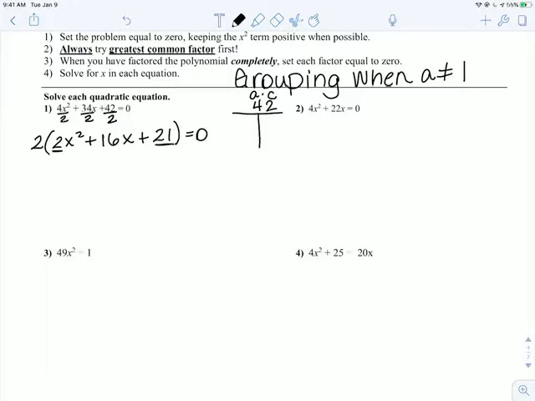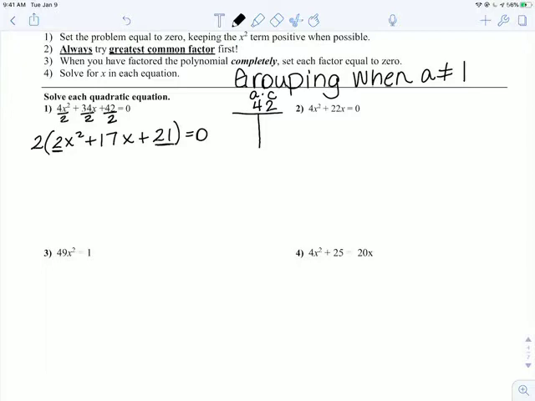Unless I did something wrong. I see what I did wrong. Right here, 34 divided by 2 is 17, not 16. So now it looks like instead I'm wanting two numbers that multiply together to give me 42 and add together to give me 17.